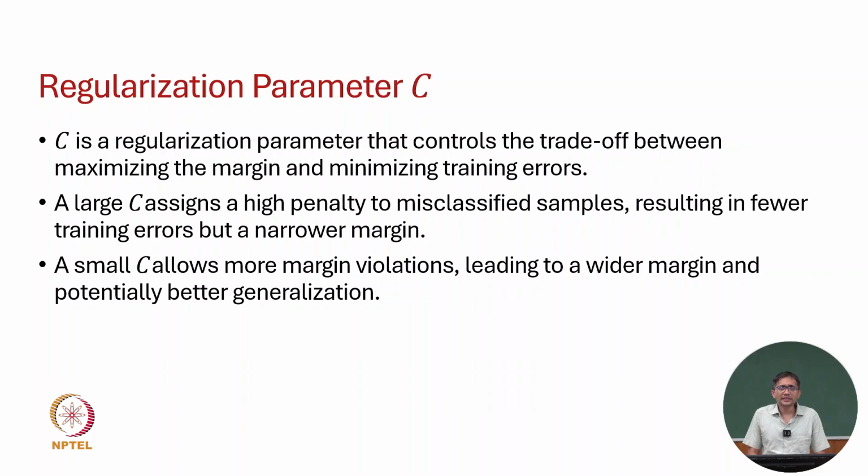A large c will assign a high penalty to misclassified samples, resulting in fewer training errors but a narrower margin. A small c will allow more margin violations, leading to a wider margin and potentially better generalization.